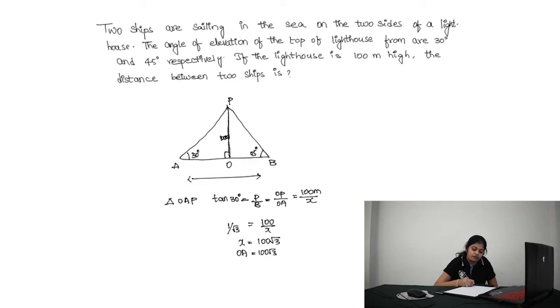Now, from triangle OPB, we can find tan 45 is equal to 100 by OB. Tan 45 is 1, so OB is equal to 100 meters.